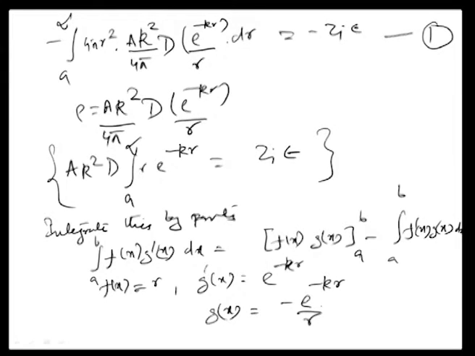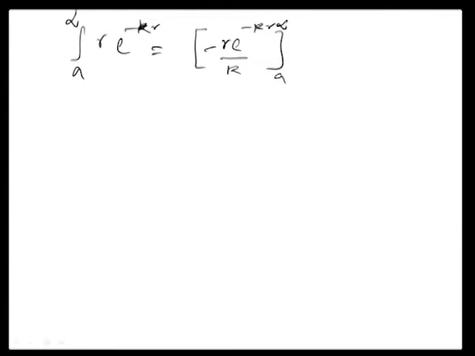So, we can write this whole expression by parts as the integral from a to infinity of r e to the power of minus kr, as minus r e to the power of minus kr by k varying between a and infinity, minus e to the power of minus kr by k squared varying between a and infinity.